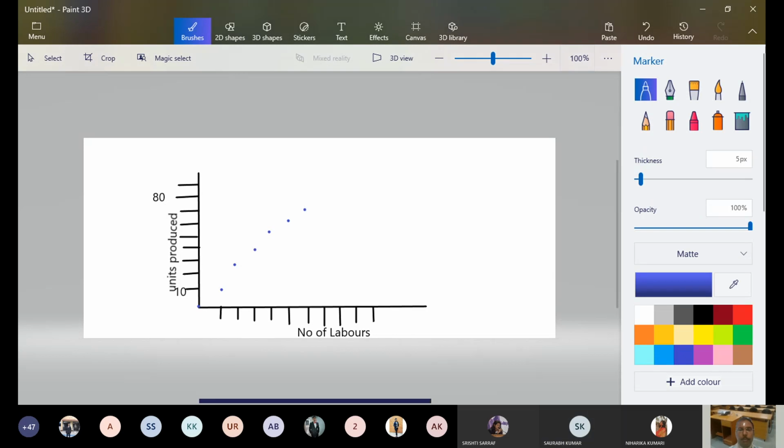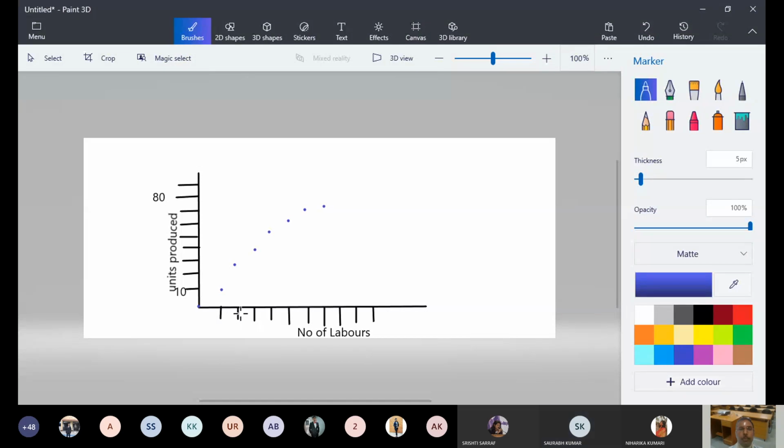Then we have 7th will be 70. This is 7th, and here 70 is at this point. Then we have 8th at 72.